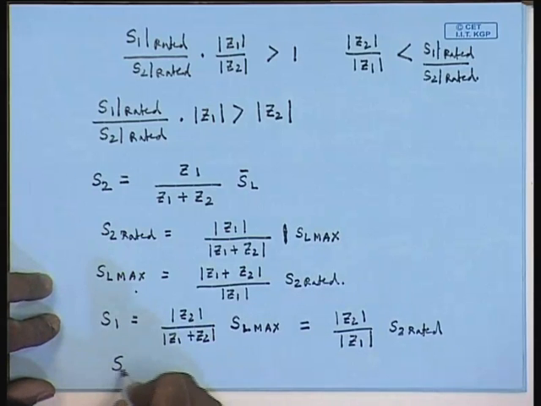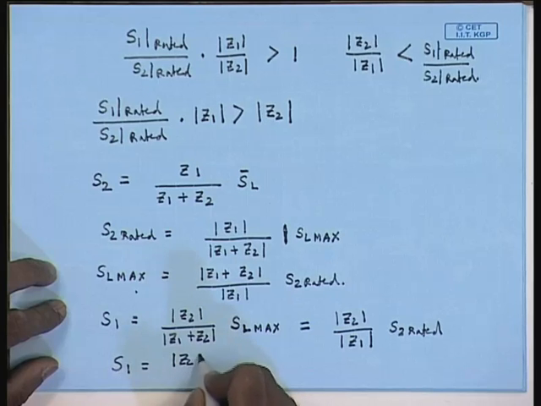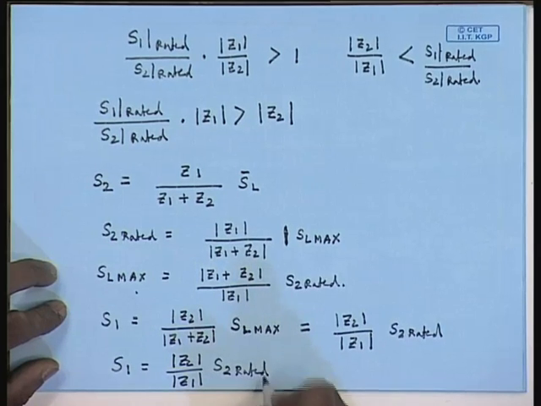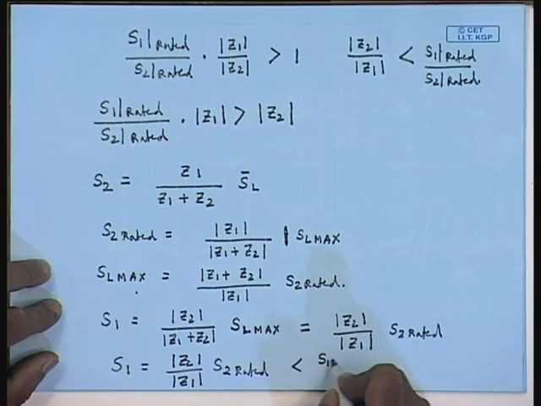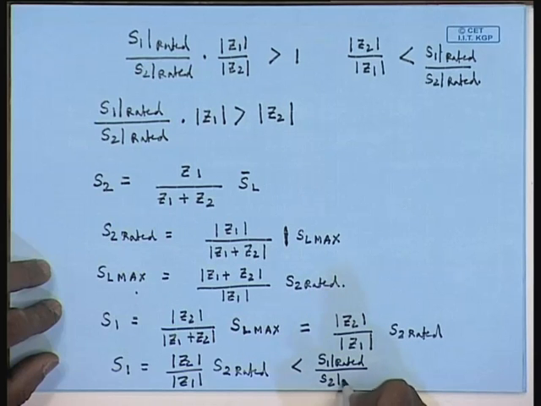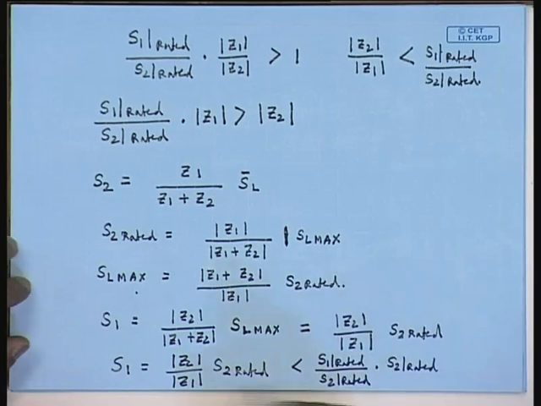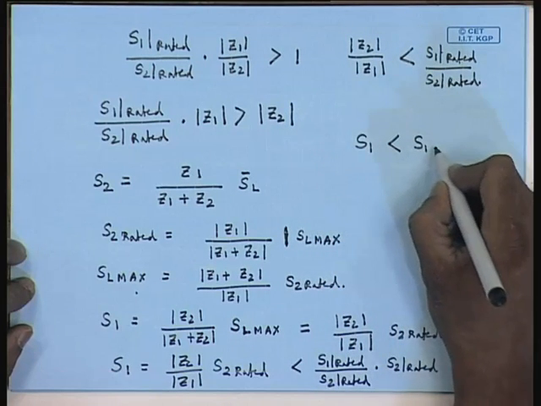Therefore, S1 equal to |Z2| by |Z1| S2 rated will be less than S1 rated divided by S2 rated into S2 rated, or the conclusion is S1 in that case will be less than S1 rated.